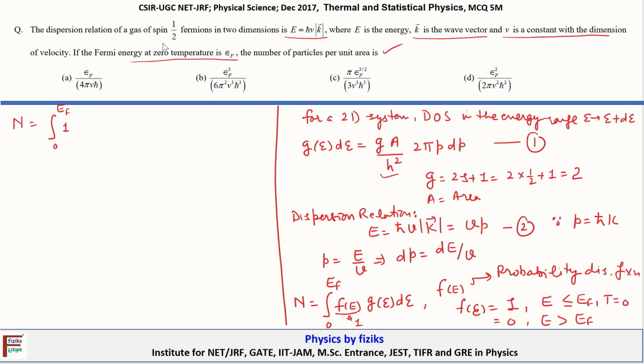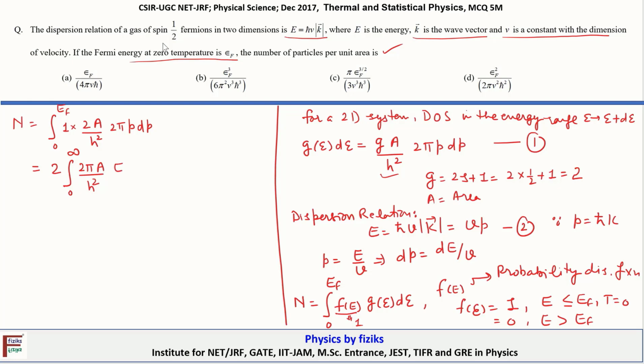And g is equal to 2, so 1 multiplied by 2A upon h square and then 2 pi p dp. Now this is further equal to 2, taking it outside, then the integral of 2 pi A upon h square, and then p is equal to E by v.